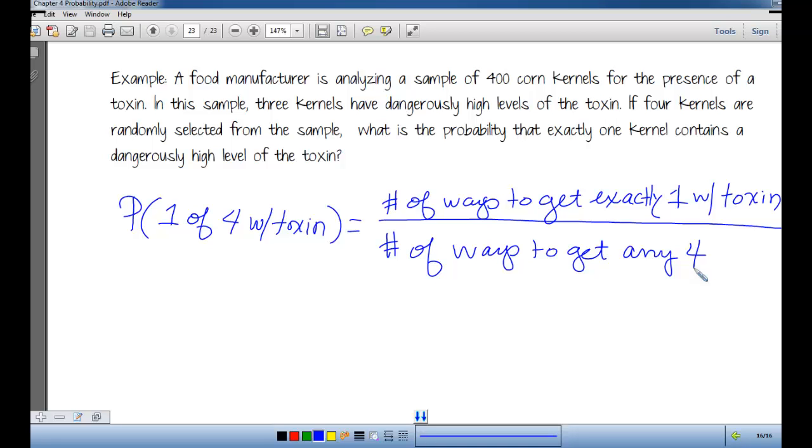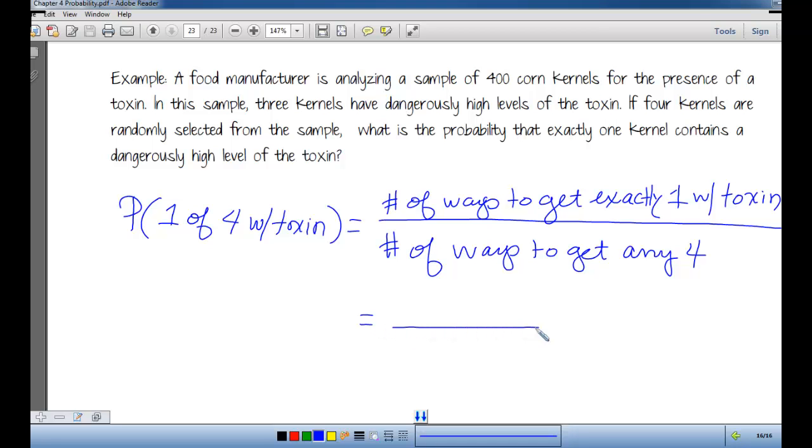Okay? All right, the experiment here is selecting 4 kernels. So on the bottom, we're looking at all the ways we could select 4. And again, up top, we're looking at ways to select 4 where only 1 is toxic. Okay, so how could we do that up top? Well, let's do the bottom first because that's usually easier.